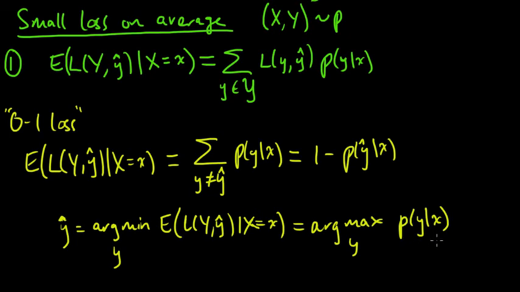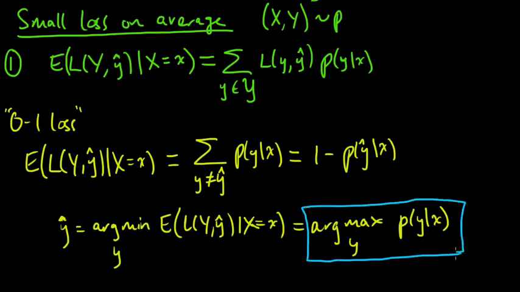And this has a very natural interpretation. Think about what we're doing here. We're trying to classify. We're given some x, and we want to choose a y that is a good class for that x. So the most natural thing to do, in some sense, is to choose the y which is the most probable y for that x.